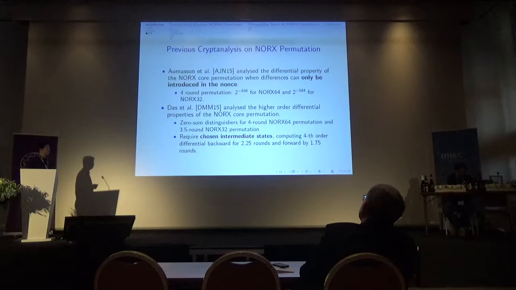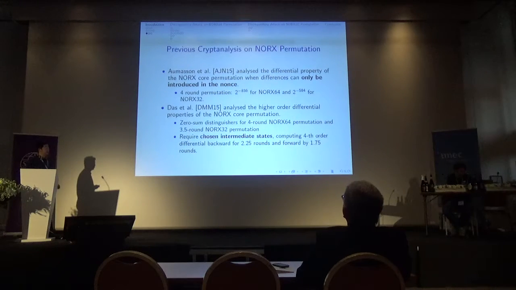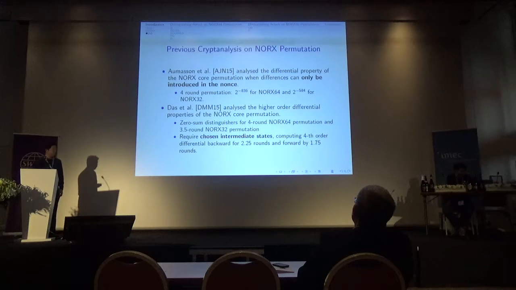They give distinguishers for 4-round NORX 64 and 3.5 rounds for the NORX 32 permutation. But their distinguisher requires a chosen intermediate state. So basically, they need to choose the value of the intermediate state and then propagate the state backward and forward. So it's not something that starts from the beginning.